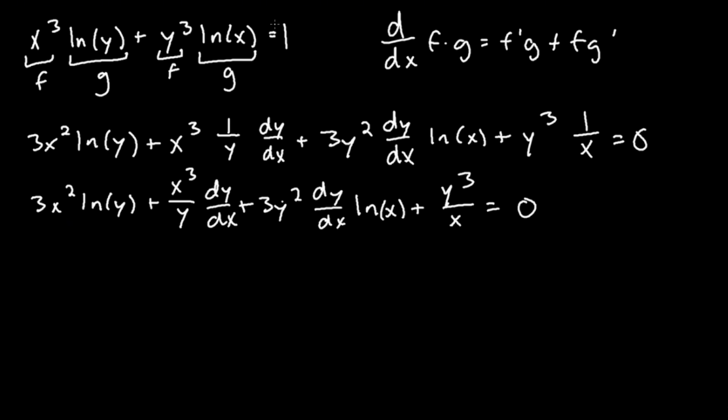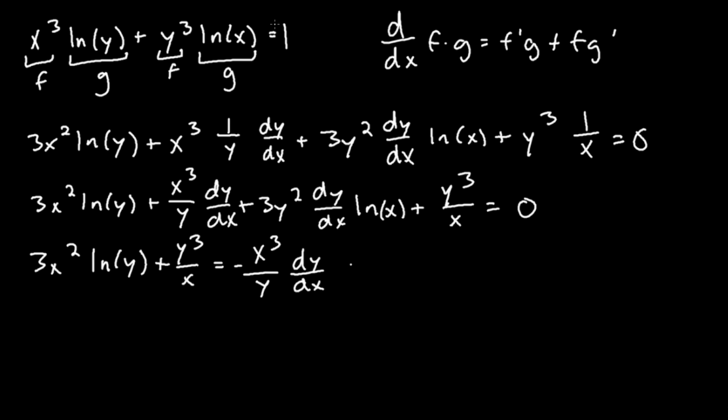So let's move all the terms onto one side of this hefty equation. So we have 3x squared ln of y plus y cubed over x is equal to negative x cubed over y dy over dx plus 3y squared ln of x dy over dx.